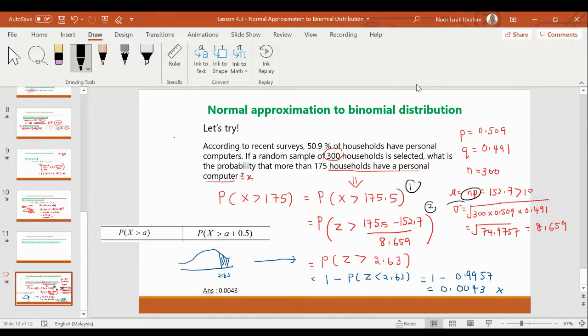To find the standard deviation, square root of npq. And then from there, you find the z value from the table. If you need to adjust the question, for example, to use less than, you have to adjust first, then only refer to the standard normal distribution table. That is for lesson 4.3. Thank you.